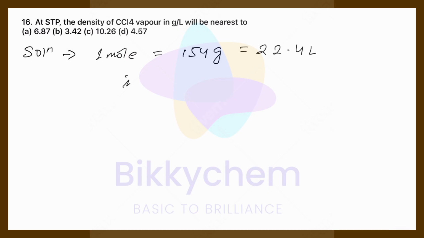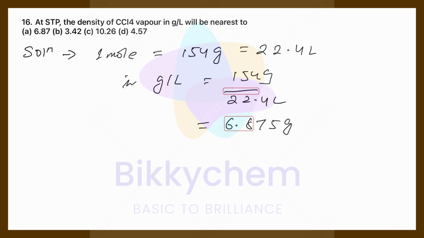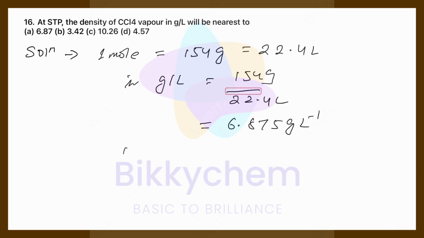So in gram per liter it will be 154 gram divided by 22.4 liter, which is coming 6.875 gram per liter. So the option is A.